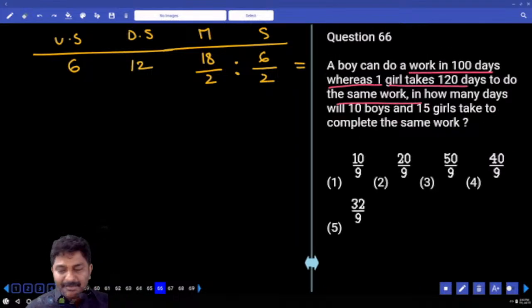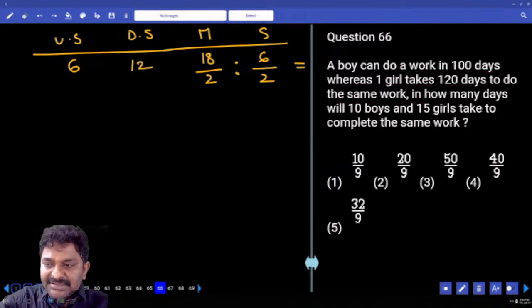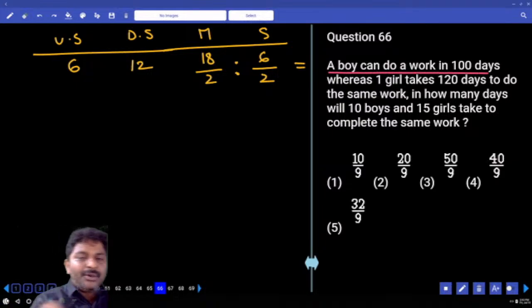Right, I will stop after this question. We are already late. A boy can do a work in 100 days, whereas a girl takes 120 days to do the same work. In how many days will 10 boys and 15 girls take to complete the same work?